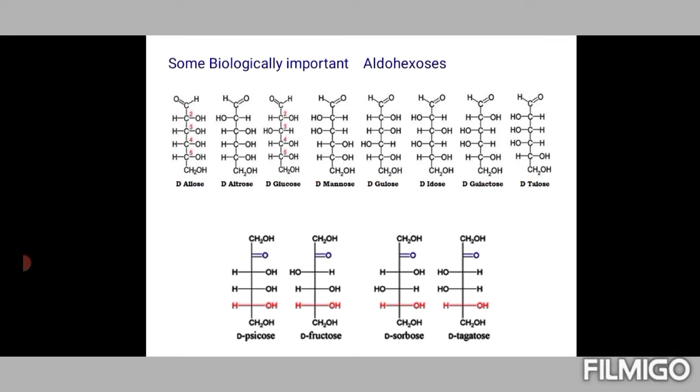Now, these are some of the aldohexoses which we regularly meet during metabolic reactions: apart from glucose, mannose, galactose, idose, and so on, as well as some examples of ketohexoses. This is fructose, then sorbose, and it goes like that.